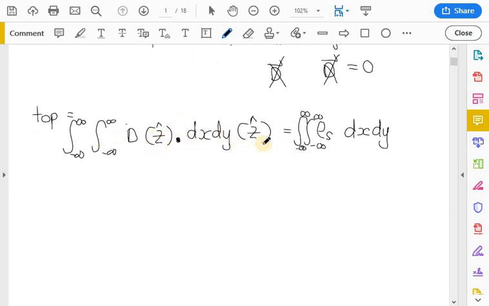First of all, we need to settle this unit vector. Both of them are in the same direction, right? So it will be equal to 1, not 0.